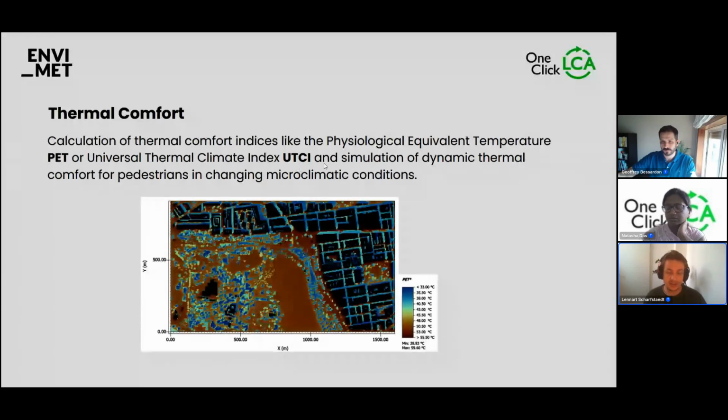You may know the UTCI or the PET, which are these thermal comfort indices, and they assess human perception of heat on the basis of air temperature, but also wind speed, the humidity of the air, actually what the person is wearing, so the insulation of the clothing of a person, but also you can take into account, for example, the gender of a person, the metabolism of a person. So it's a way more detailed approach into assessing thermal comfort of a person in a certain scenario.